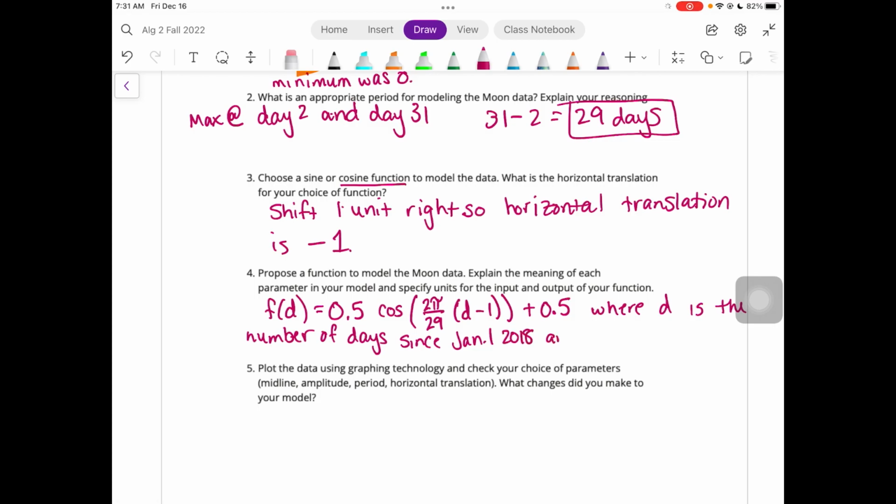And then F of D is the amount of the moon that is visible, as a decimal between 0 and 1.